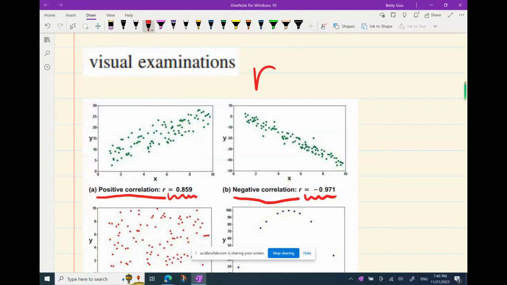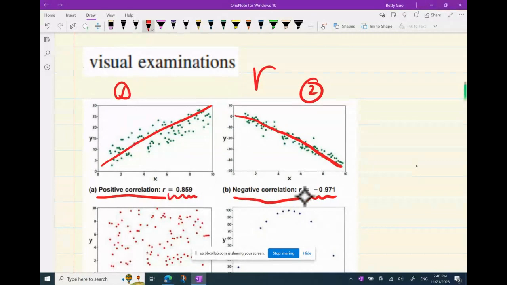Also, as you can see, compared with the first graph, in the second graph the points are more closely scattered around a straight line, right? Compared with this one, the points are a little bit further away from the straight line.